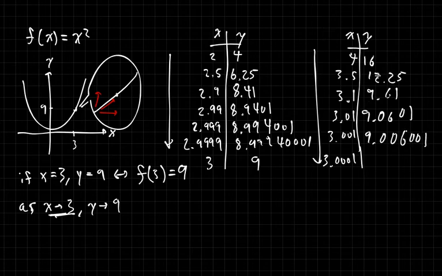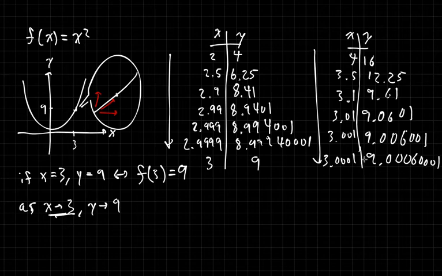Okay, so it's getting a little bit clearer now, but we can do another value to make sure. So 3.0001 gives 9.00060001.